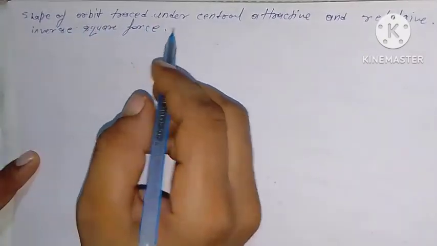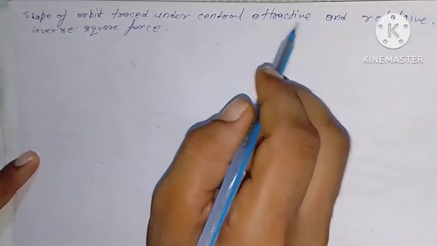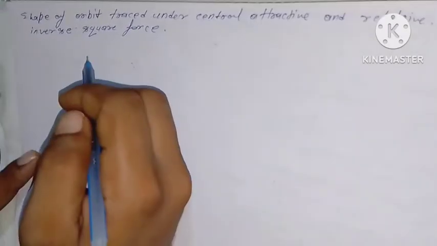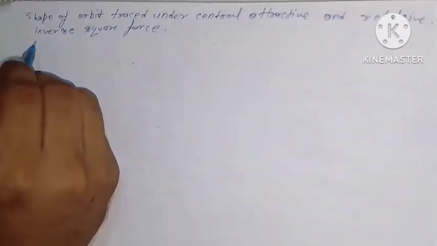Shape of orbit traced under central attractive and repulsive inverse square force.